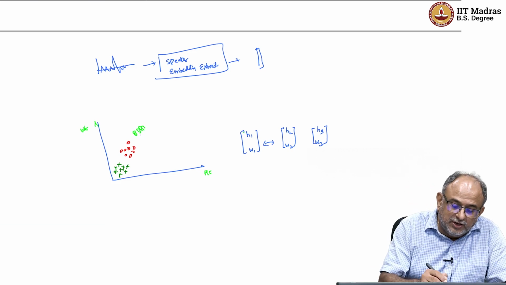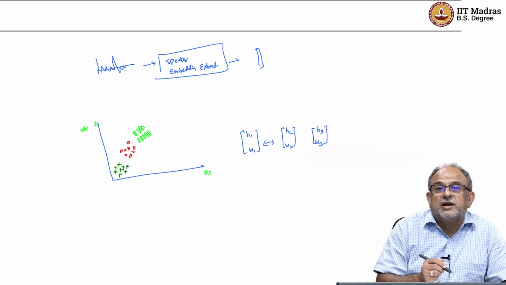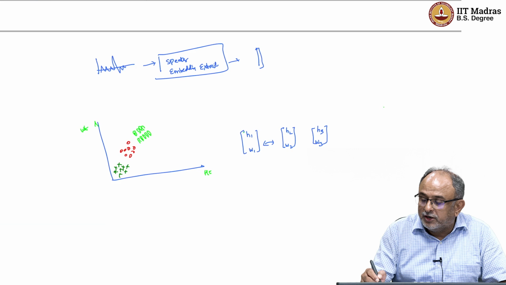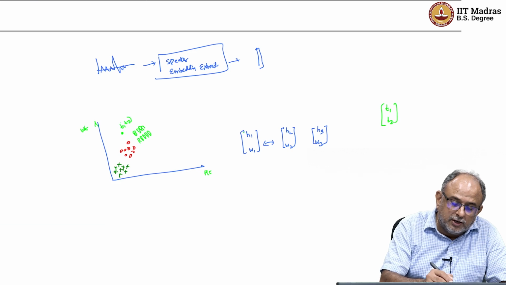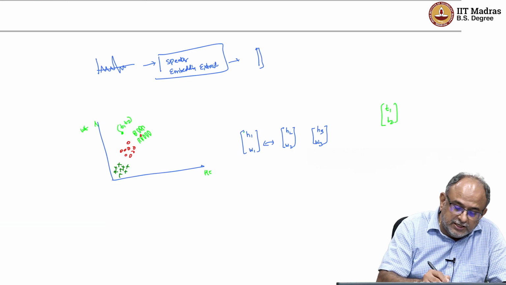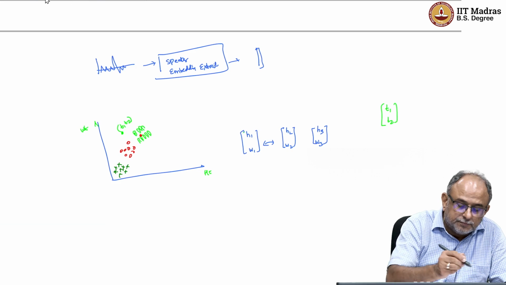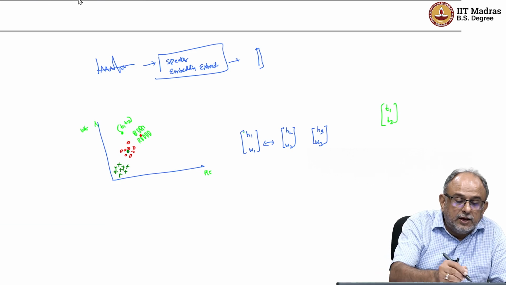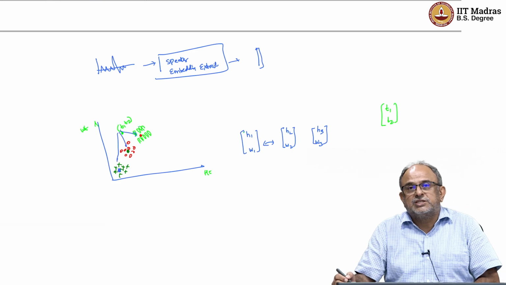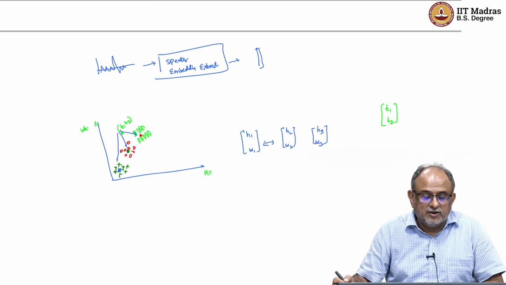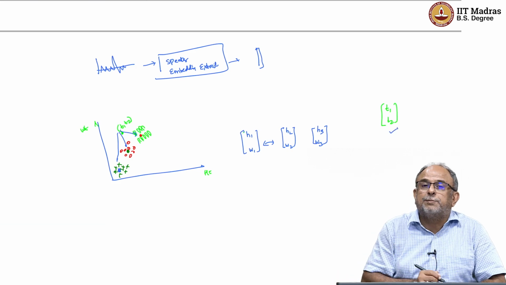Remember that we did this as a way to identify or classify a particular height and weight. If I got a test measurement T1 and T2 at this particular spot, and we had reference vectors here and here, I measured the distance, and whichever was the closest, I said that this test vector belongs to that particular class.